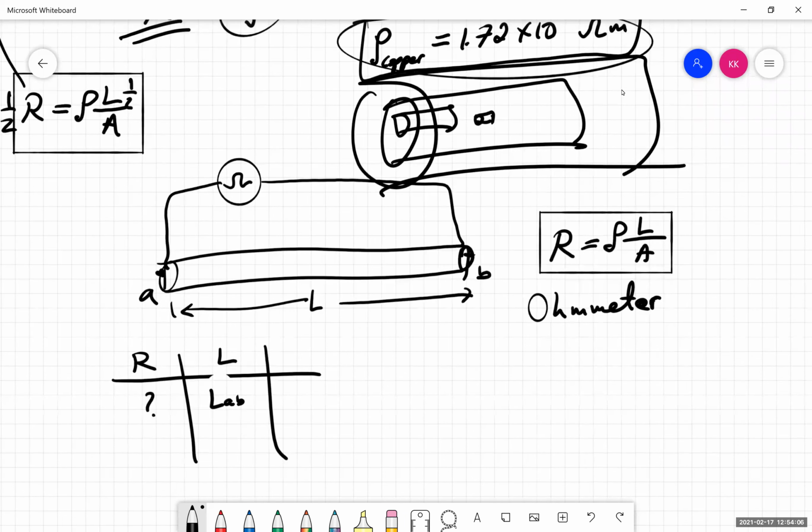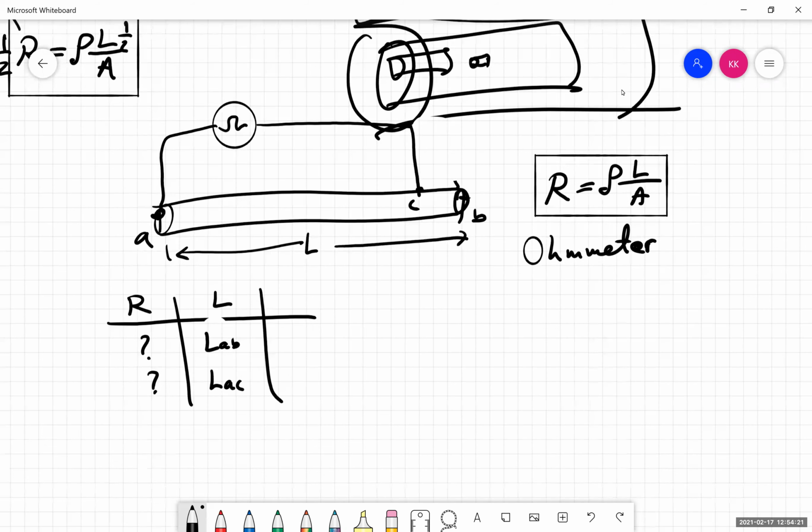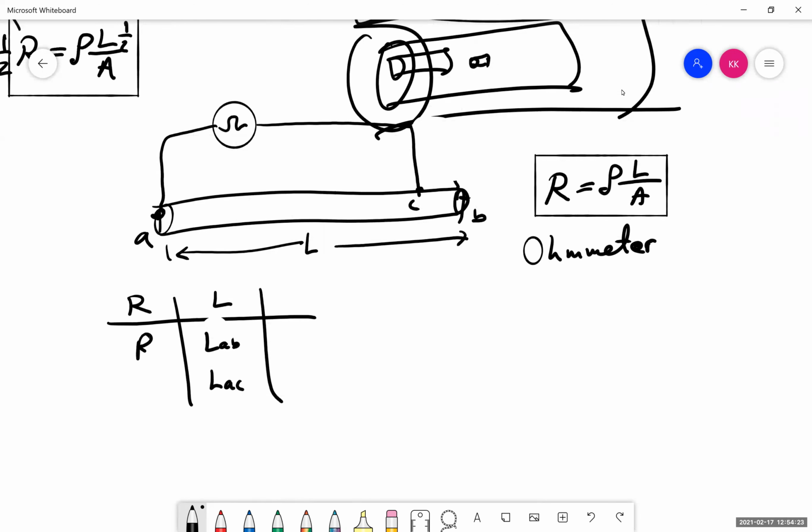The resistance is directly from the reading of the ohmmeter. Then we move the probe to somewhere over here, at some point C. This is length LAC, from A to C. What is the resistance? So resistance of AB, then resistance of AC.